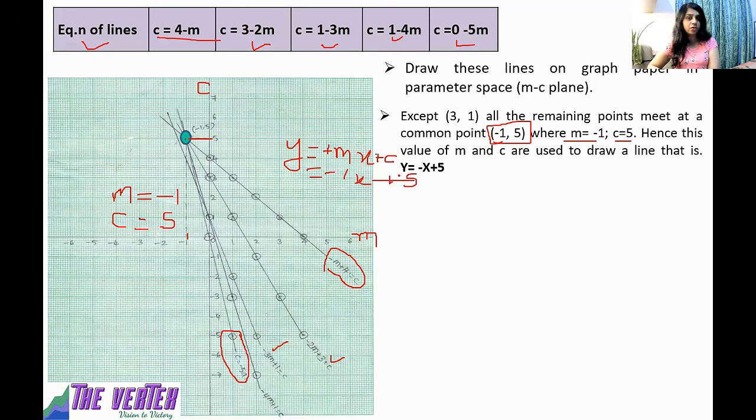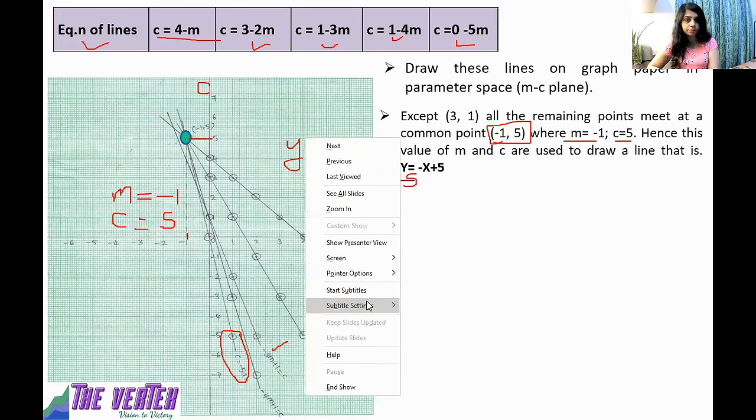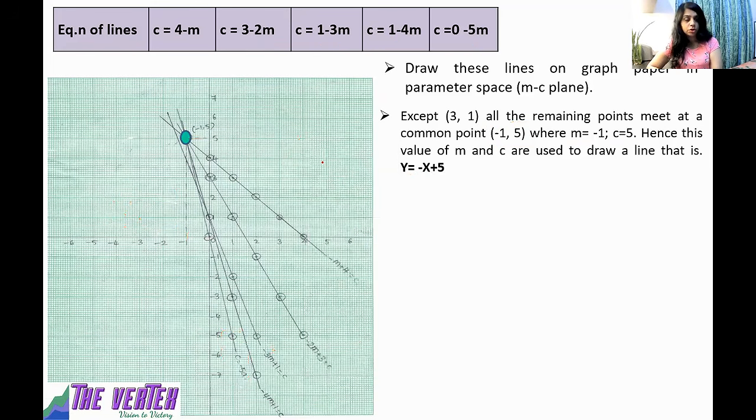So we have got this equation, y is equal to minus x plus 5. Let me erase this before I go to the next.